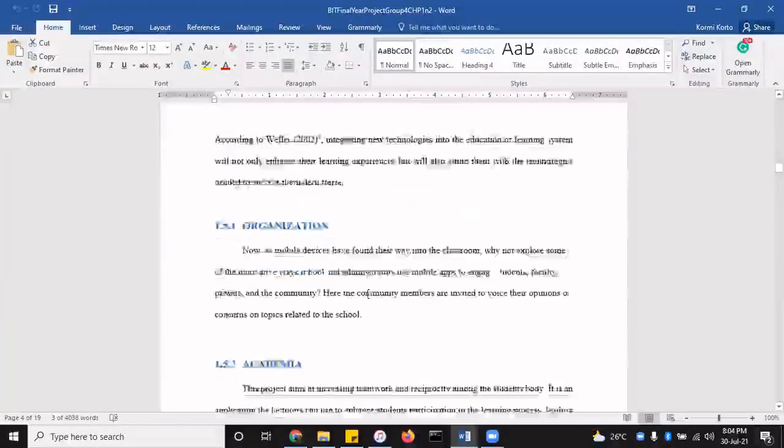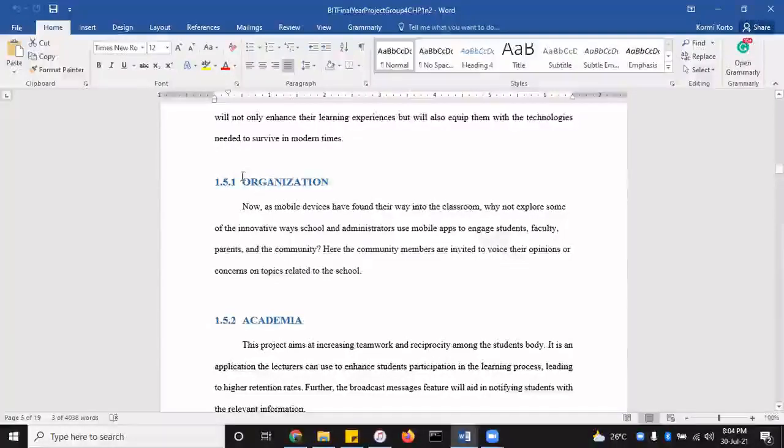So just elaborate on that. When it comes to the organization, talk about how the system would be of significance to it, with some of the key stakeholders stated within. Students: how would this application benefit them? Lecturers: how would it benefit them? Put them in a paragraph and then you're done. That should take care of your organization.